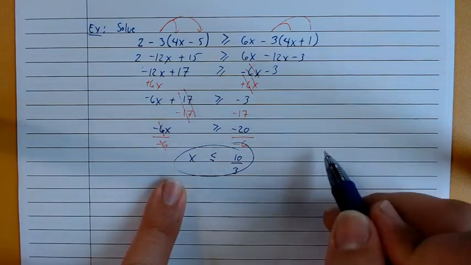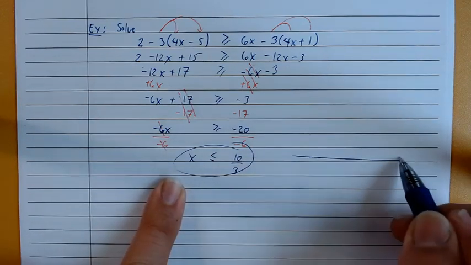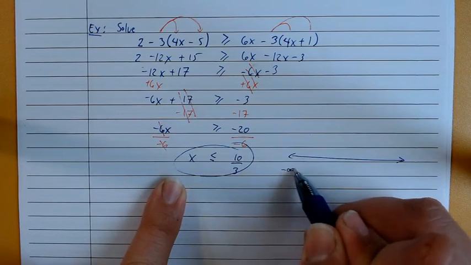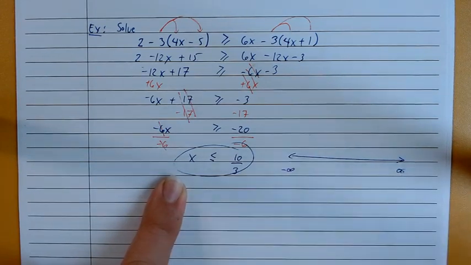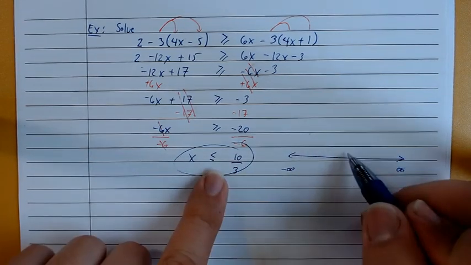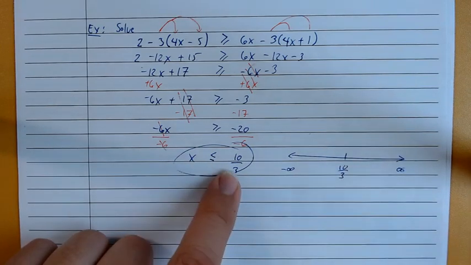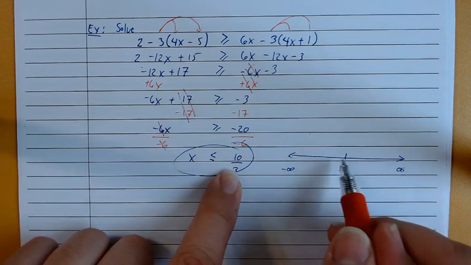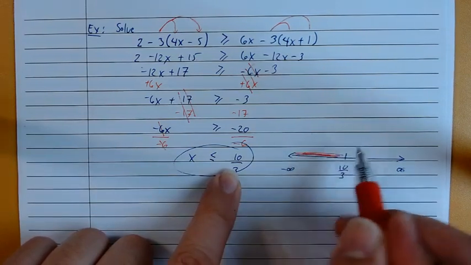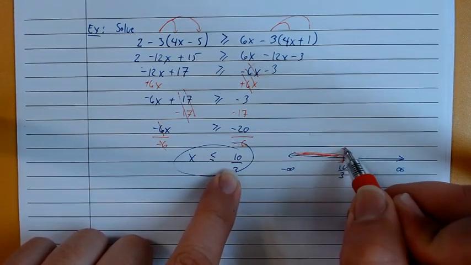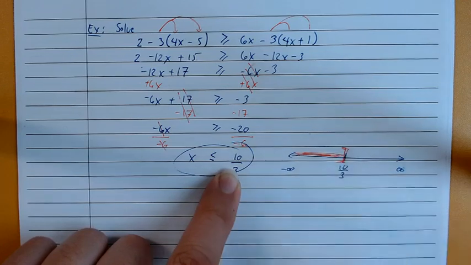And so now we're going to write this in interval notation. Visualizing our number line from minus infinity to infinity, what we want is, starting from 10/3, we want everything that's less than or equal. Okay, well, less than means to the left, and then equal, we use a square bracket for that.